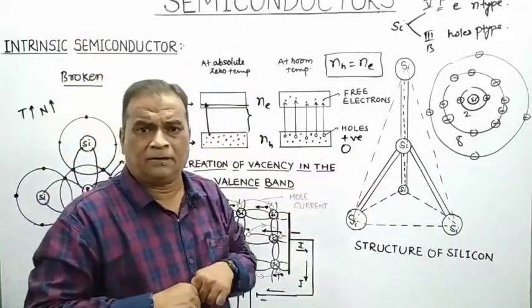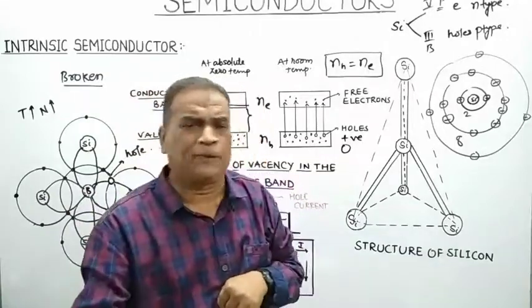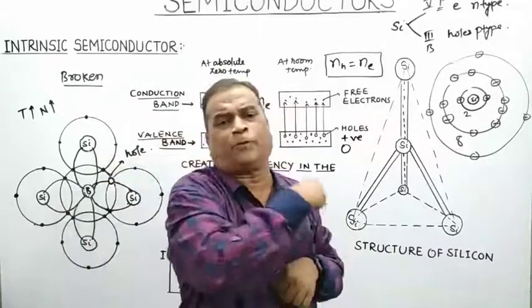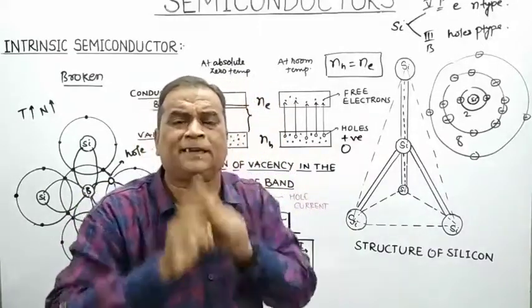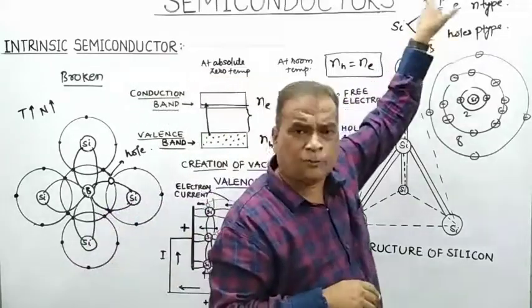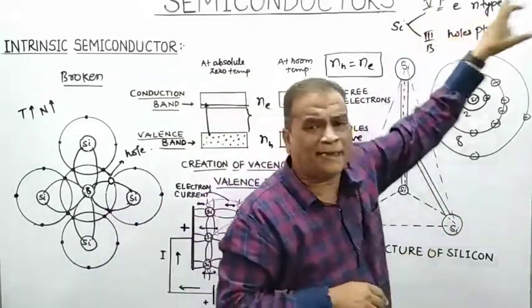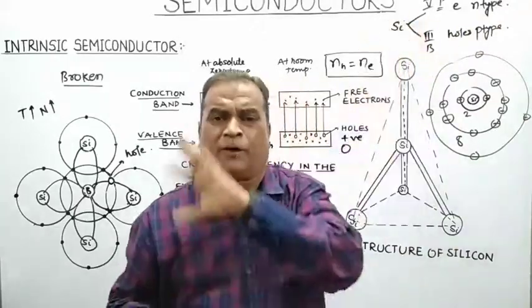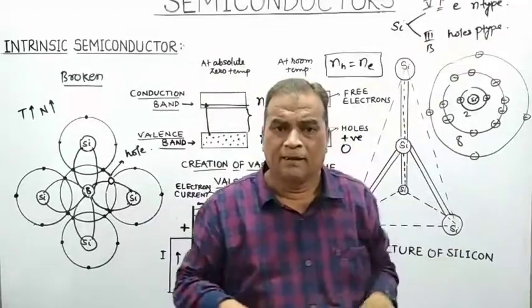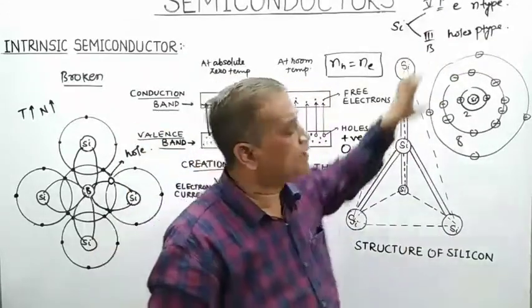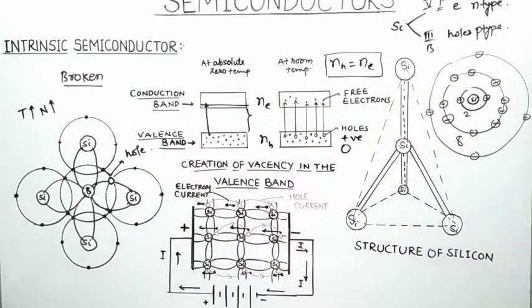Depending upon whether the impurity from the fifth group or the third group of the periodic table is added, there are two types of extrinsic semiconductor. If the impurity belongs to the fifth group, we get N type extrinsic semiconductor. If the impurity belongs to the third group, we get P type semiconductor, where holes, or the positive charges, are the charge carriers responsible for electrical conduction.